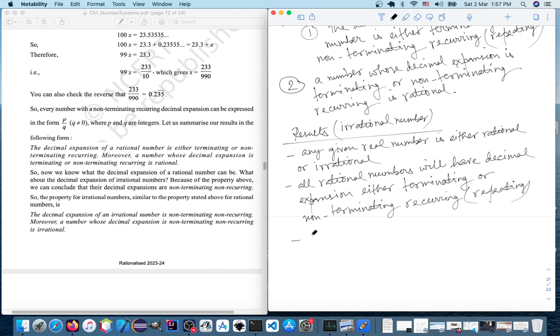So, all rational numbers will have decimal expansion either terminating or non-terminating recurring.